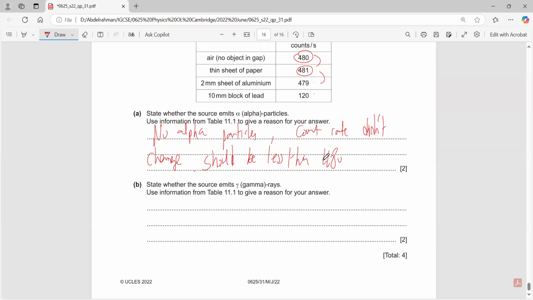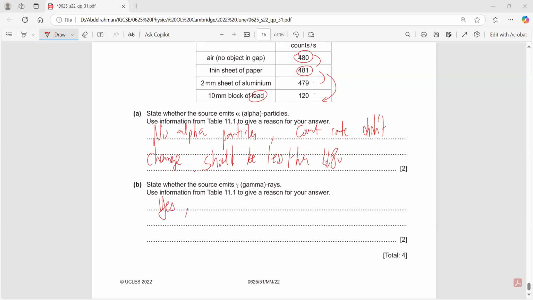State whether the source emits gamma radiation or not. When we added the lead block, did it decrease? Yes, definitely it did decrease. So yes, it does have gamma radiation. How did we know? Because the lead block has absorbed this gamma radiation.